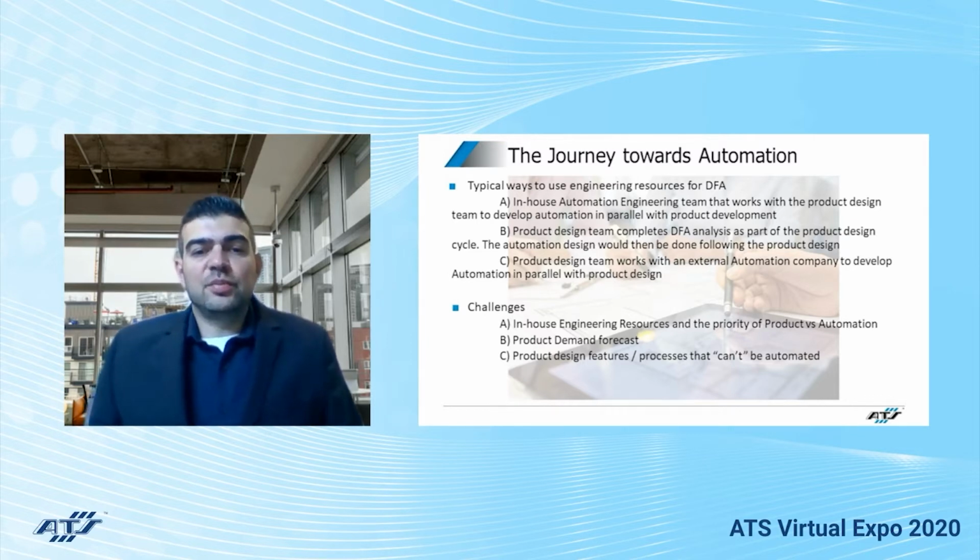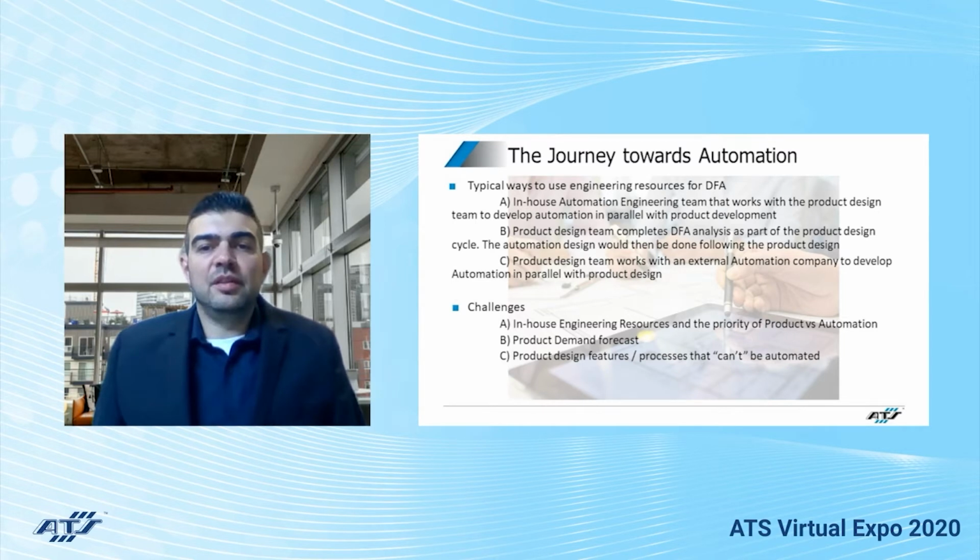There are definitely challenges with completing the design for automation process properly. One is diverting the right amount of engineering resources and setting their priority of product versus automation. More often than not, the product will take the priority and the automation design will fall behind in schedule. Next is the varying product demand forecast that will sometimes put the automation design on hold or change the direction of the type of automation required based on changes in the forecast seen in the market during the duration of the product development cycle.